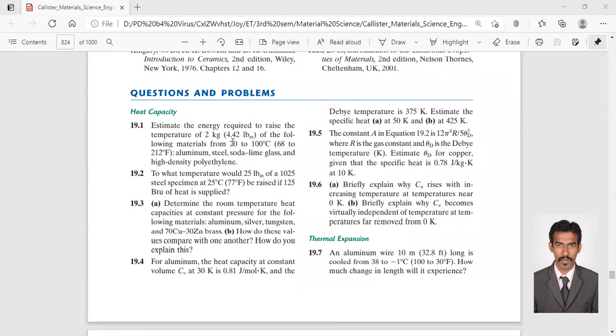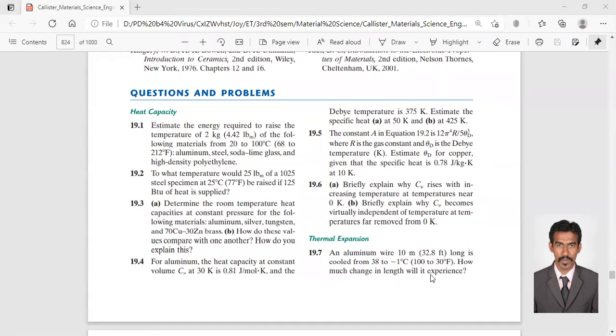I told you the formula is m C delta theta. M is there, delta theta is there, and C is given in the table. For aluminium, steel, the Cp values, the heat capacity at constant pressure, are given. So you need to put that value in and you can calculate. You can just try it.